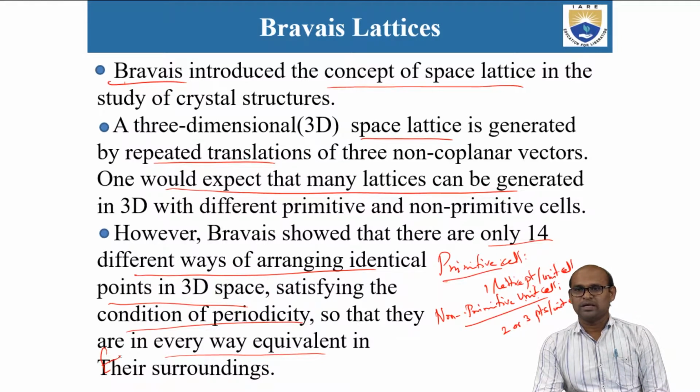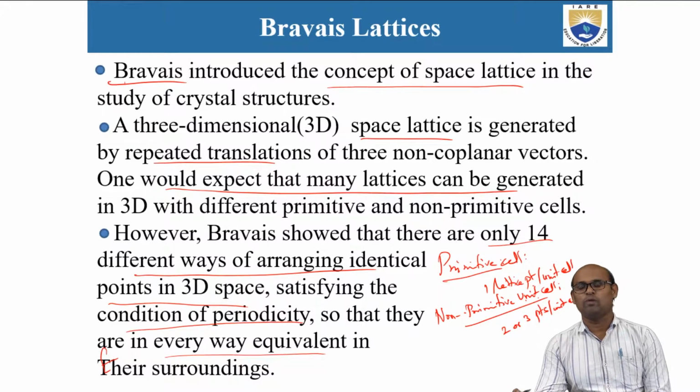We know that a crystal has a regular periodic arrangement of points. If you look at any point in the crystal, it will look similar to any other point. So the neighborhood is the same at every point.